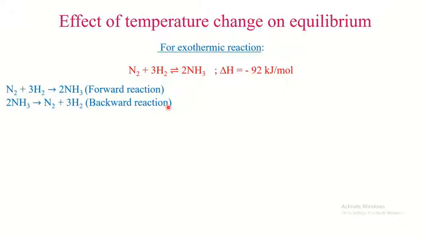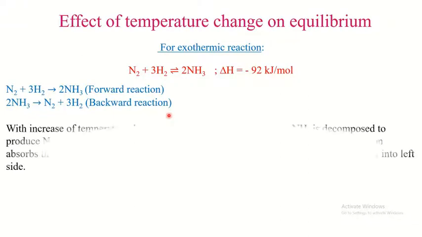That means for an exothermic reaction at equilibrium, if temperature is increased, then the backward reaction rate is increased. Clear, dear students? Because this backward reaction is endothermic, and this endothermic reaction absorbs the extra heat and minimizes the temperature.